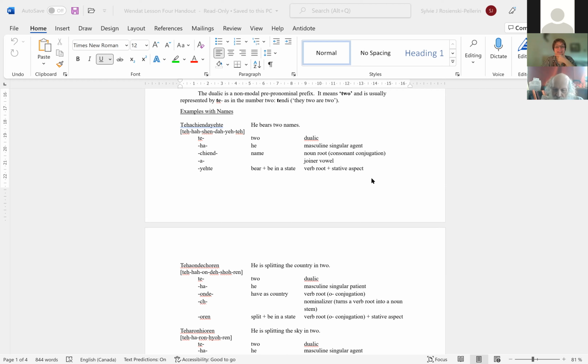Now, if you look at it, you see it begins with the te. That tells you right up front this is a dualic, although unfortunately the negative has the same sound, so you have to listen to the whole name before you know that. So te, dualic. Then there's ha, which is the masculine singular agent. When you see a pronominal prefix that starts with H, you know it's masculine.